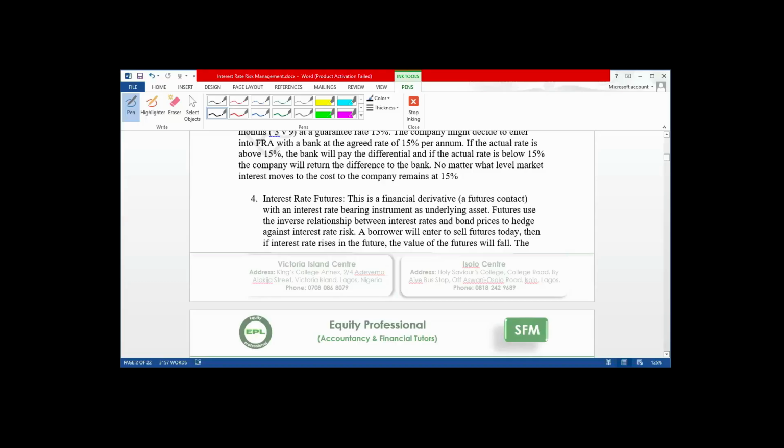Futures use the inverse opposite relationship between interest rates and bond prices to hedge against interest rate risk.